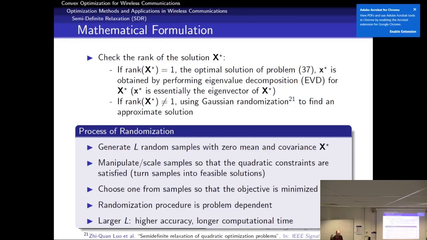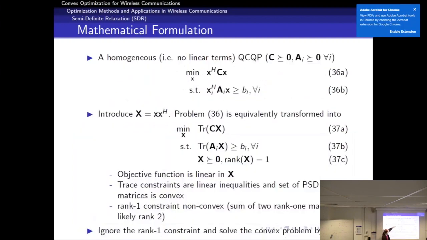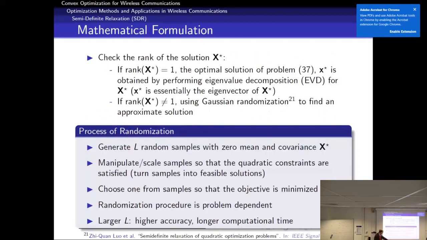You generate many of them and you try to find, by chance, one of them that satisfies all the constraints, and you choose the one that minimizes the objective function. This is something that you will see in this paper, but this is the general way it works.